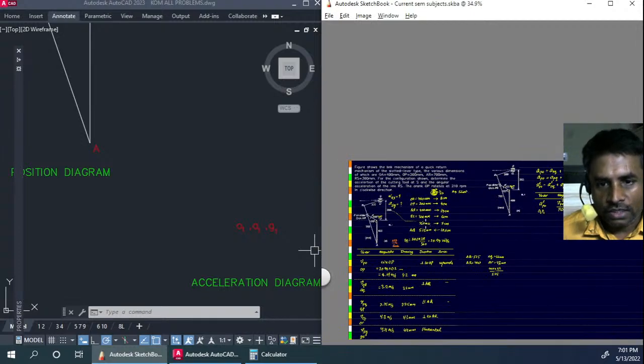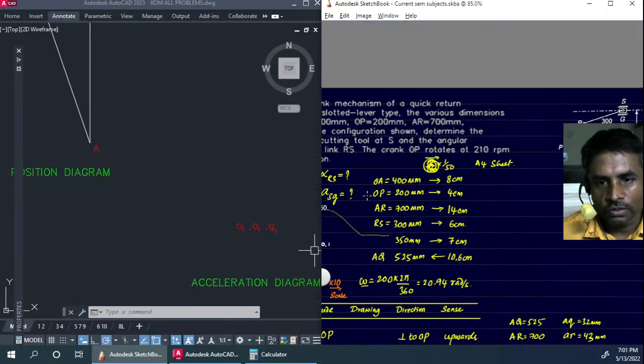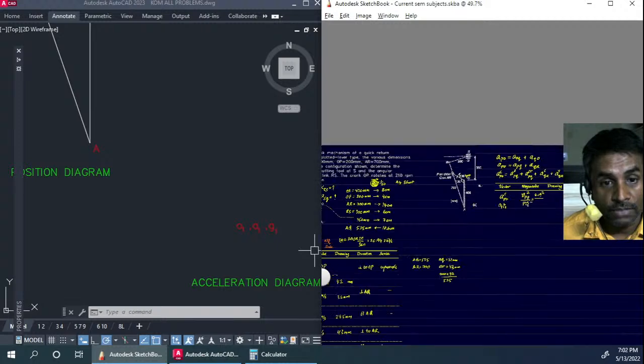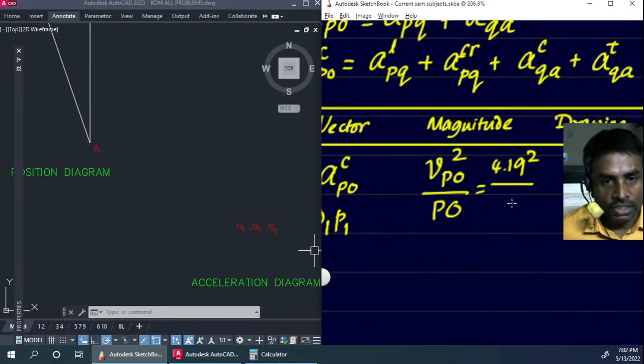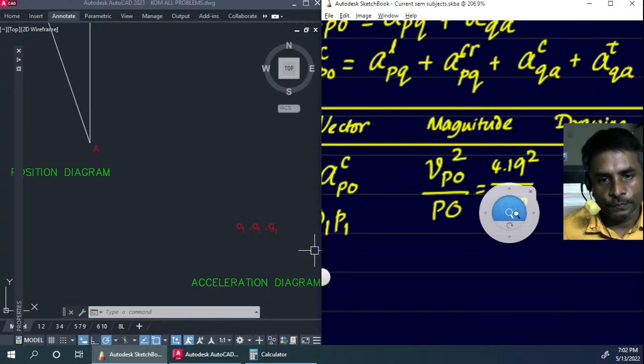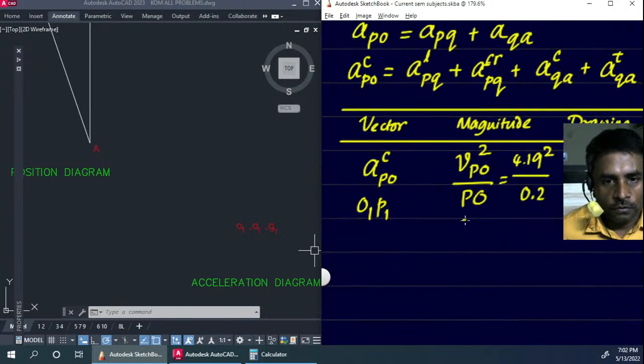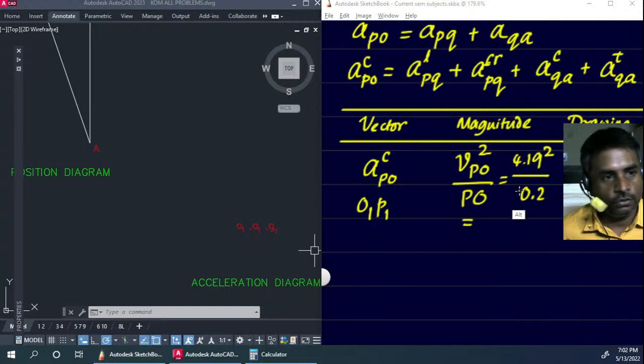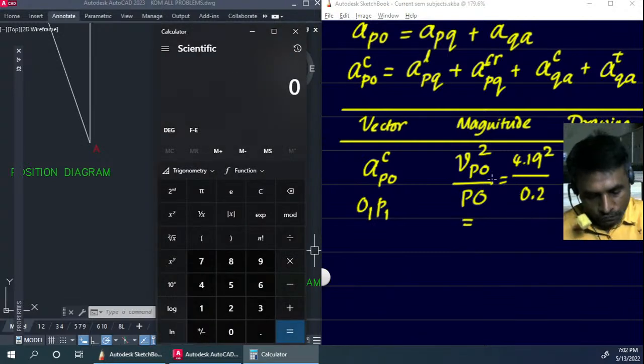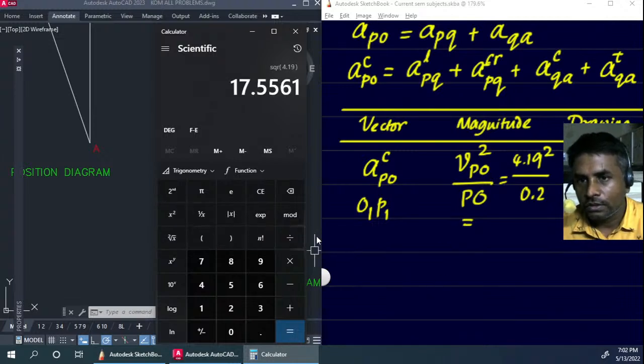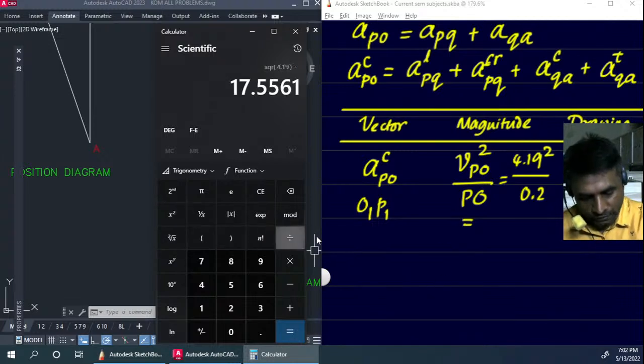For PO, we'll have to take the actual length, that is 200 mm, and we need to take it in meters, so 200 mm becomes 0.2 meters. Let's do the quick calculation: 4.19 squared divided by 0.2.